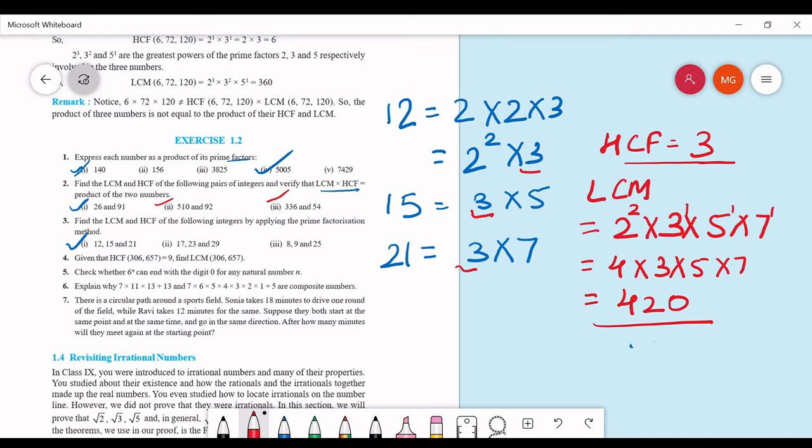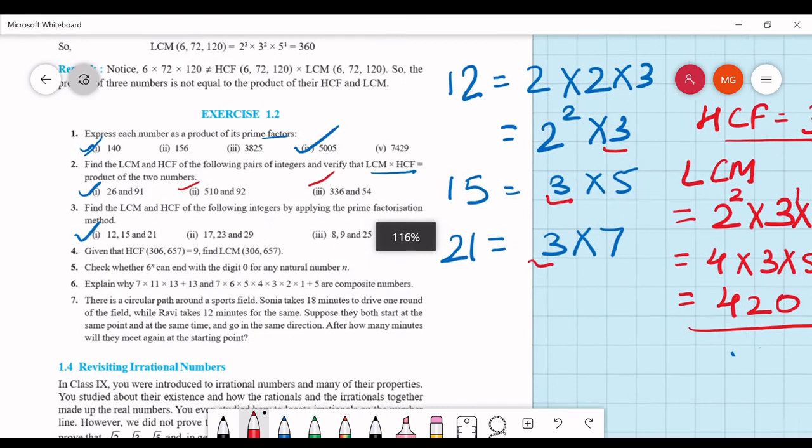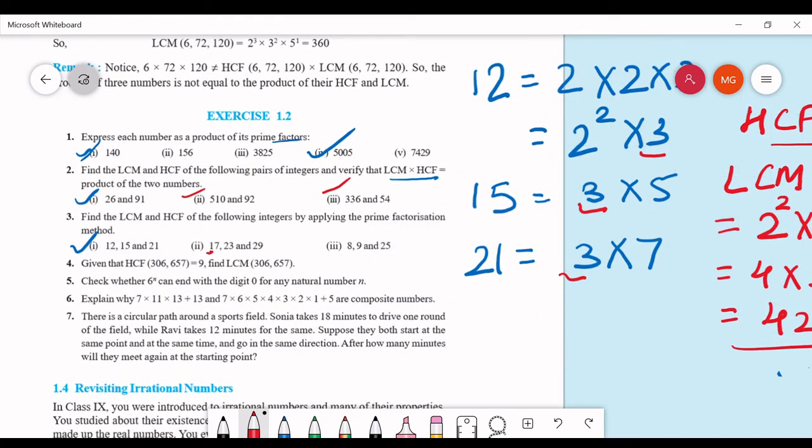And one thing that you should look out for in question number 3 part 2: this is 17, 23 and 29. Okay, so 17, 23 and 29, these three are already prime numbers, right? So if these three are already prime numbers, you cannot factorize them further.